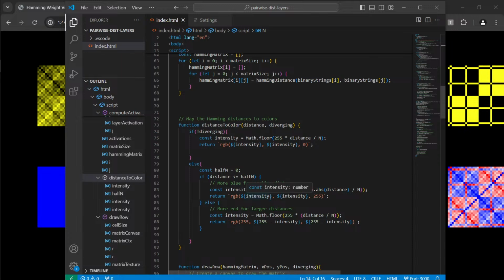Yeah, it should be like this one. Oh, red. Right. So I think we want to have this.